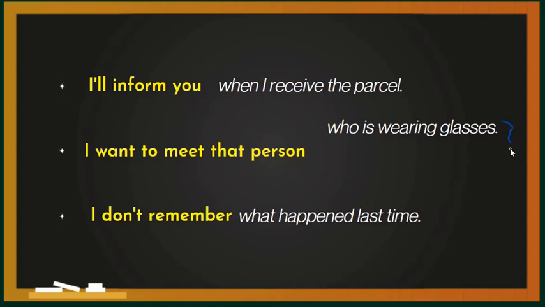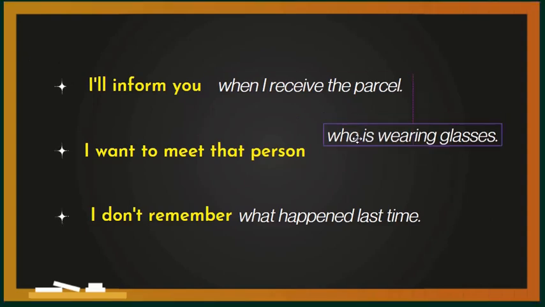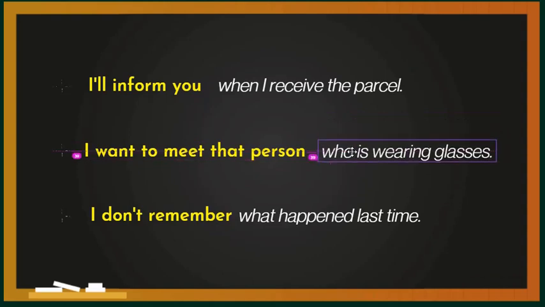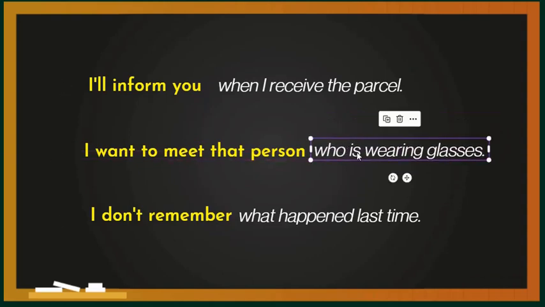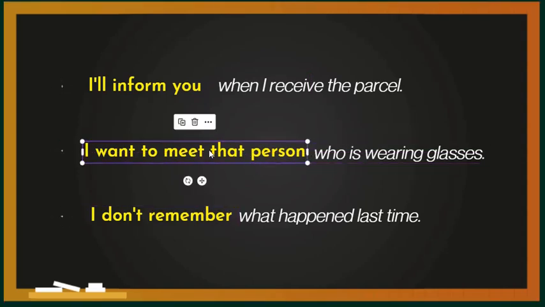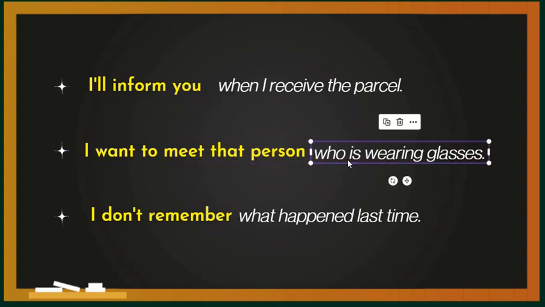So that is something else. But here we are not asking a question, we are pointing to somebody who is wearing glasses. So again, this clause needs some more information and we need to write it with some other sentence. So the part of the sentence that is in yellow is the independent clause. It is also called the main clause, and this part is called the dependent clause or the subordinate clause.